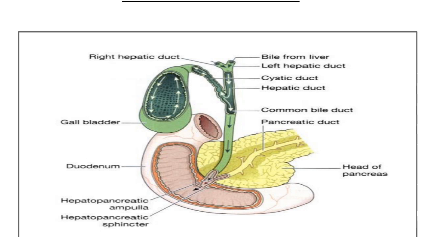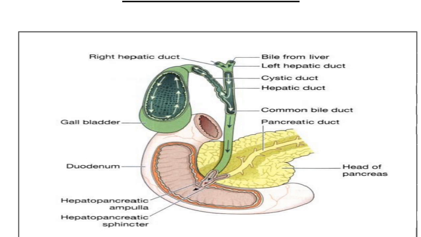Parts of the biliary tree: we've got bile coming from the liver. We have the left hepatic duct, and on the other side the right hepatic duct.